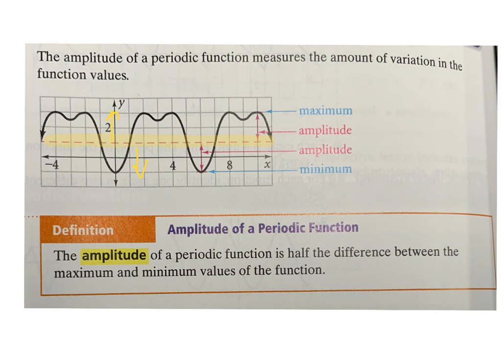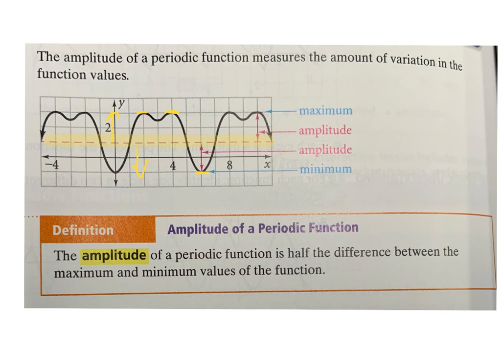So your maximum here would be these points here. Your minimum would be this point here. And if you take from your minimum to your maximum and divide it in half, that is your amplitude. It is how far away you are from the direct center of the graph.